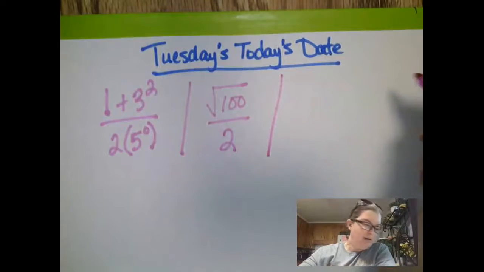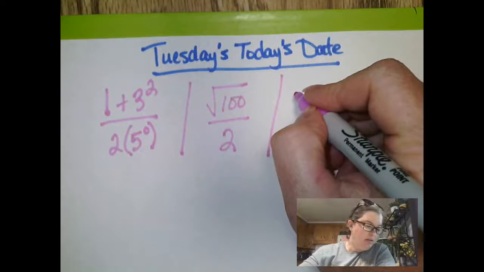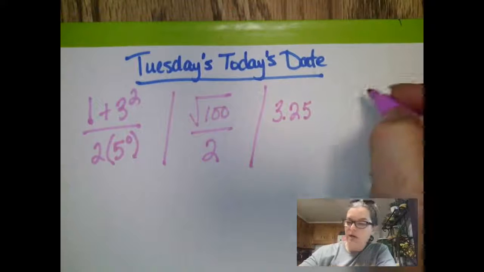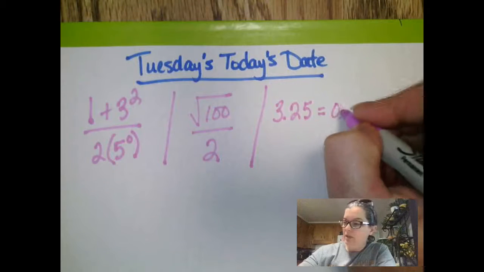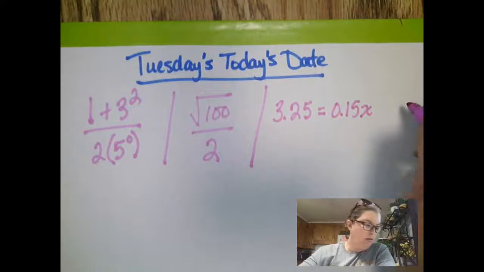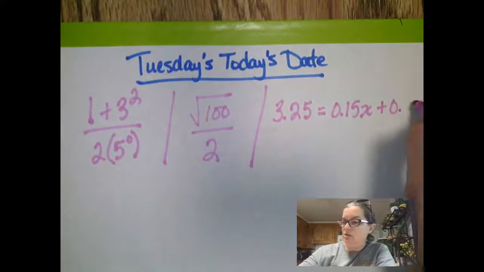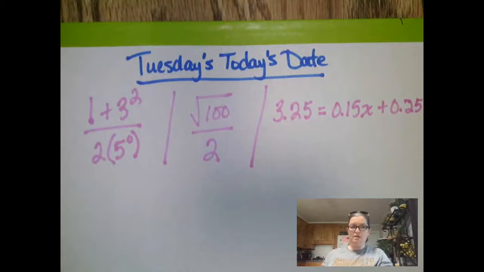And then lastly, I want to challenge you to see if some of you can already figure this one out. 3.25 equals 0.15x plus 0.25. Alright, I'll give you some time to work that out.